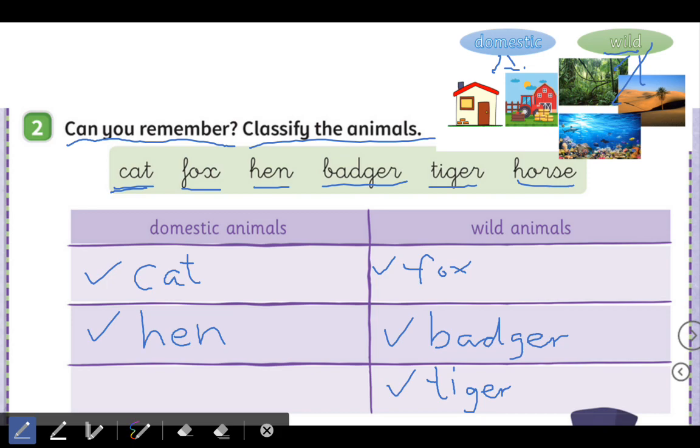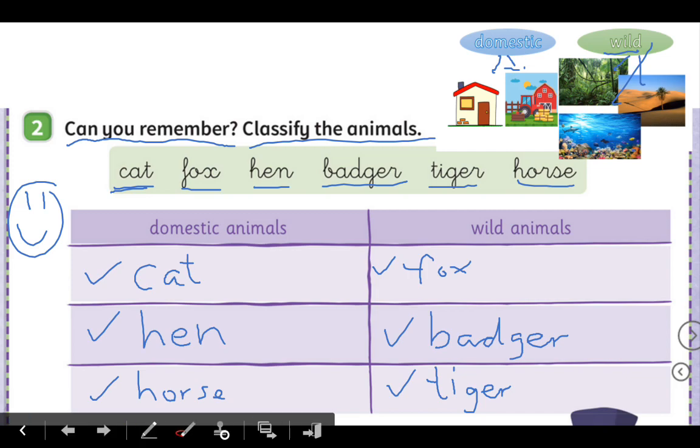It's amazing. A horse is a domestic animal. It was easy peasy lemon squeezy, isn't it? Alright. So if you have everything correct, please draw a happy face here. With your favorite color? Yes, with your favorite color.